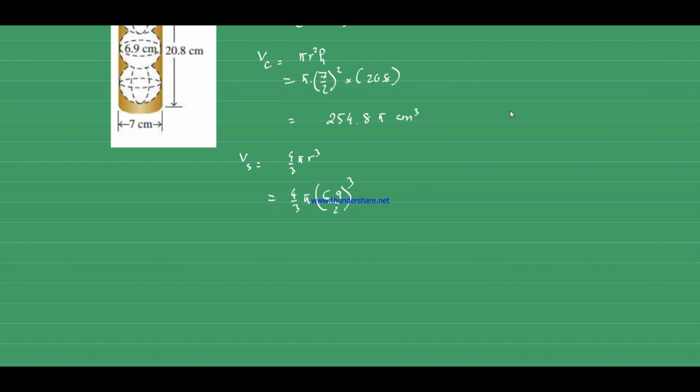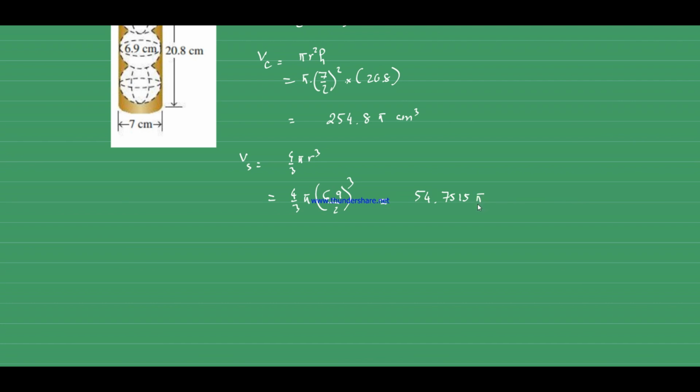Divide 6.9 by 2, raise it to the third power, then multiply by 4 and divide by 3. Pretty messy number. It gives you 54.7515.